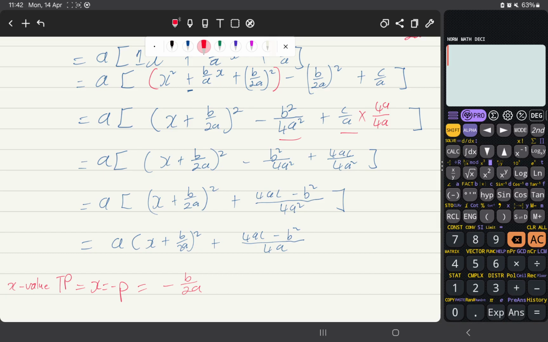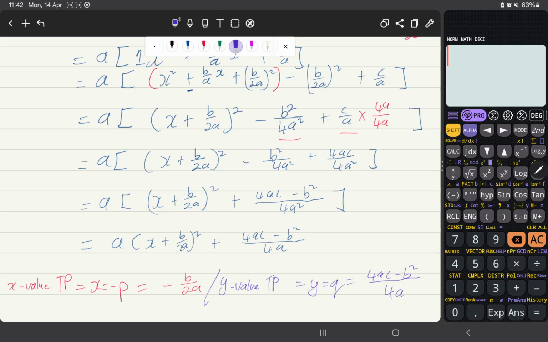That's basically how we get it. And the y value of your turning point is y, which is equal to q, which is equal to 4ac minus b squared over 4a.